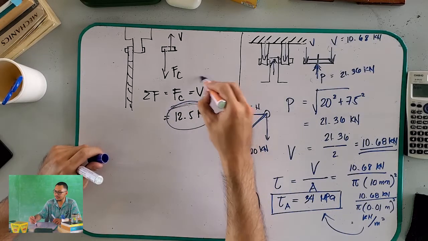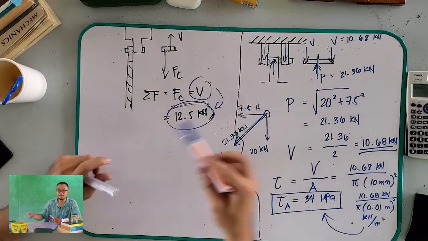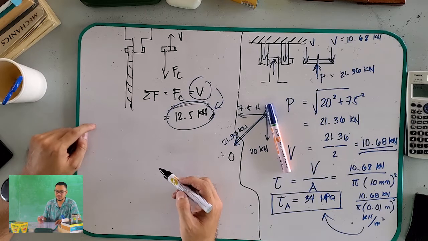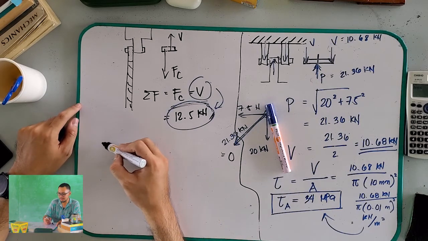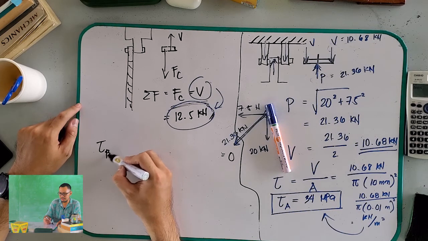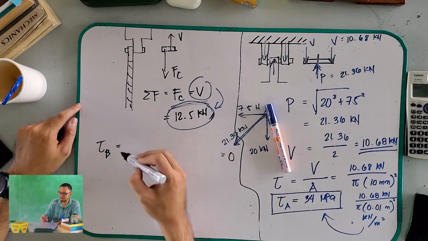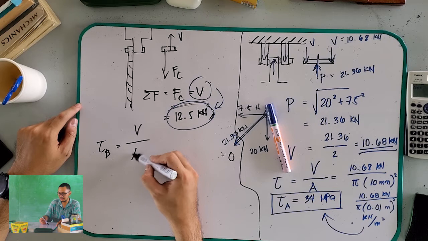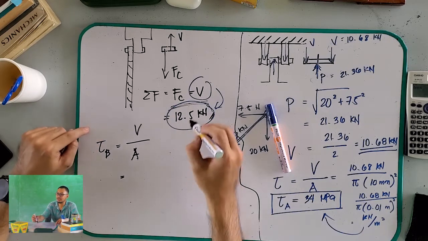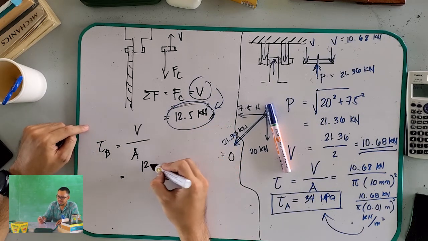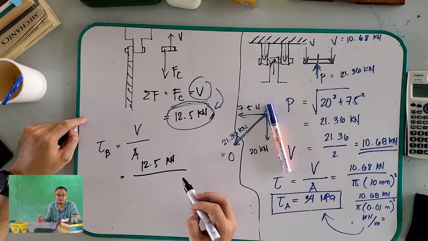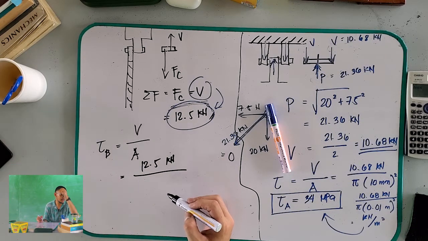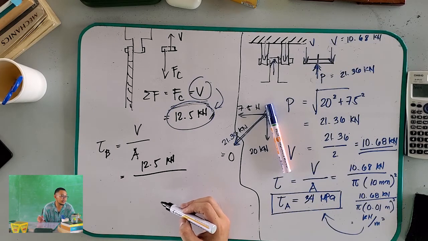And to get your shear stress at point B, at the B part of your pin, all you have to do is tau B is equal to V over A. So, you have the given V is 12.5 kilonewtons over the cross-sectional area of the pin, what is the diameter of the element?